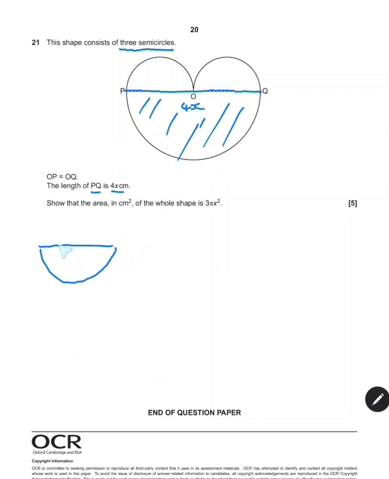Now we know the whole way across this measurement is 4x, and the area of a circle is pi times the radius squared. This 4x is the diameter, not the radius. So my radius is actually 2x. I'm going to work out the area by doing pi times the radius, which is 2x.